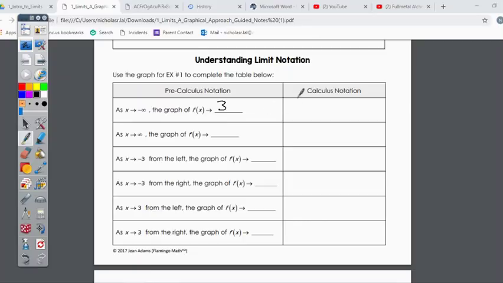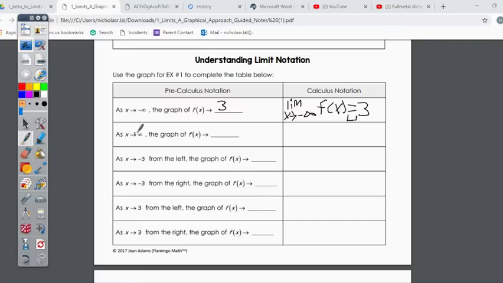The calculus notation here is the limit as x approaches negative infinity of f of x is equal to 3. So what this allows us to do is have an equal sign here. And this equal sign is what is important.